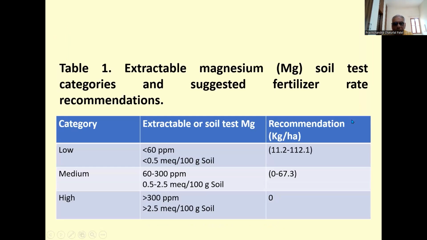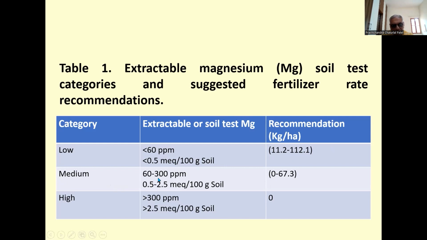Now extractable magnesium soil category and suggested fertilizer rate recommendation. If magnesium is less than 60 ppm or less than 0.5 milligram per 100 gram soil, then you should apply 11.2 to 112.1 magnesium.